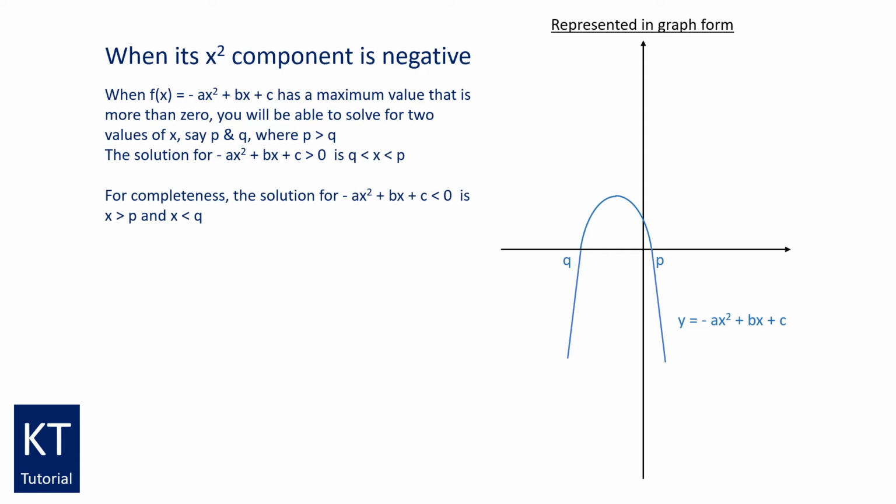In this case, the solution for -ax² + bx + c being larger than 0 is when x is in between q and p, as shown on the graph. For completeness, the solution for when -ax² + bx + c is less than 0 happens when x is larger than p or x is smaller than q.